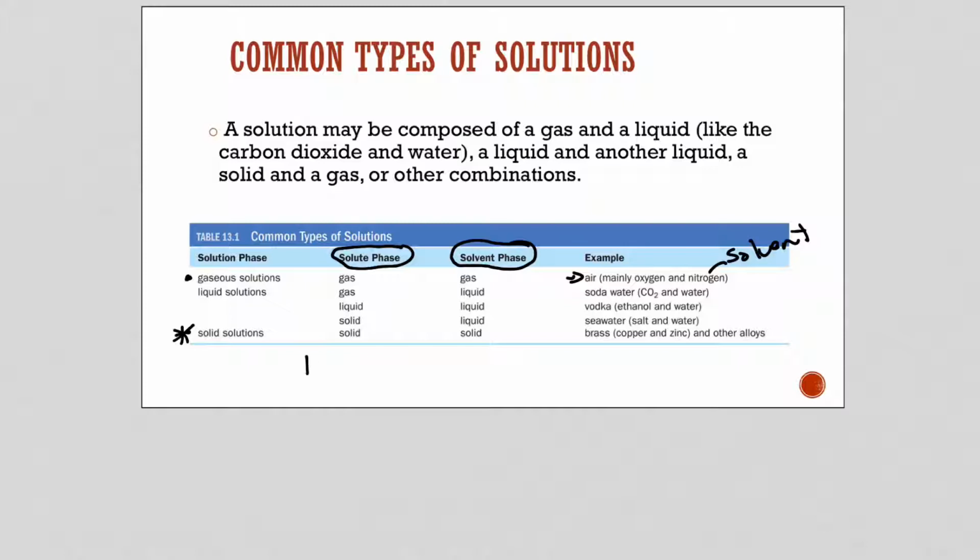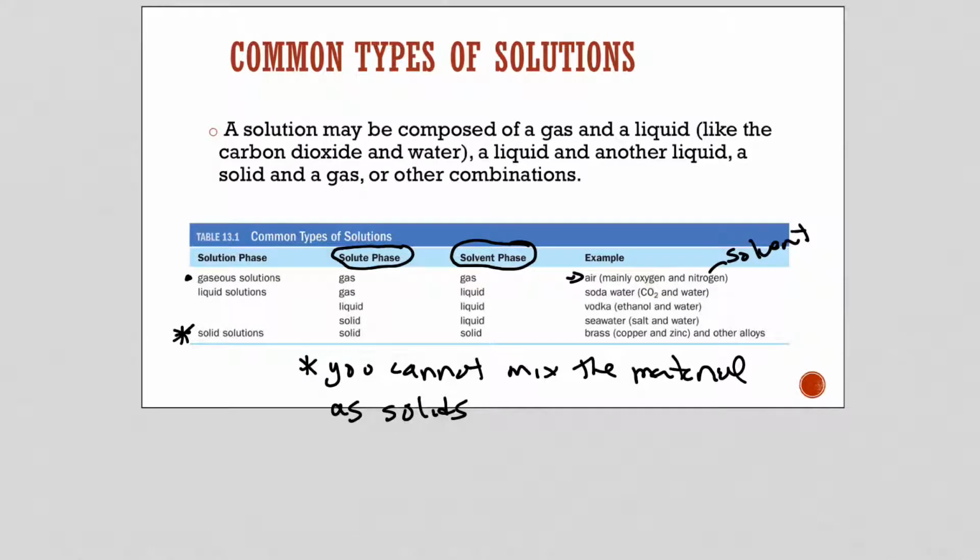Now, the thing that we have to remember is that you cannot mix the materials as solids. So for example, you can't take salt and sand and mix them together in their solid form and get a homogeneous mixture, get a solution, right?